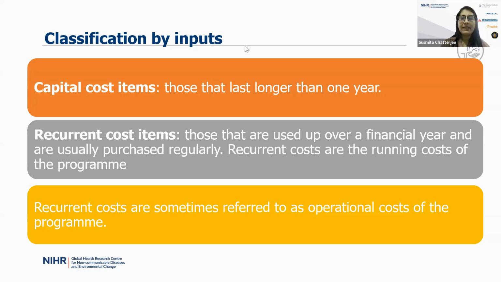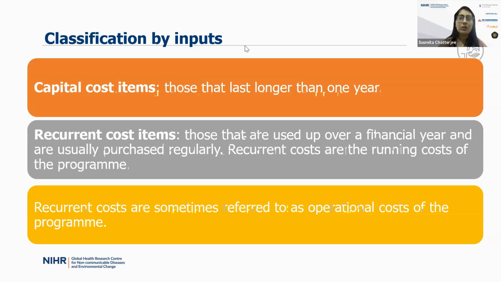Laptops, tablets for data collection, any machine for investigation, if it lasts longer than 1 year. Table, chair, yes. Anything else you can think of, these are all capital items. Patient bed, correct. EEG machine, X-ray machine, right.